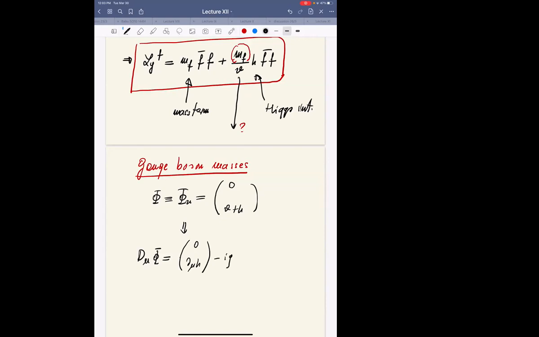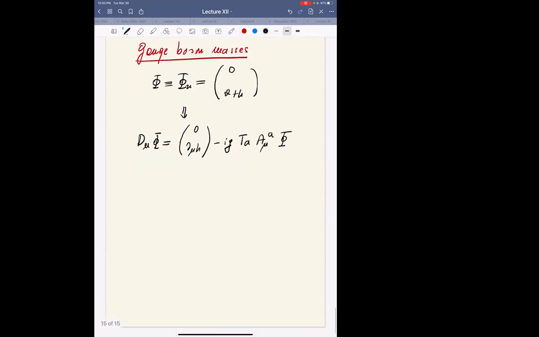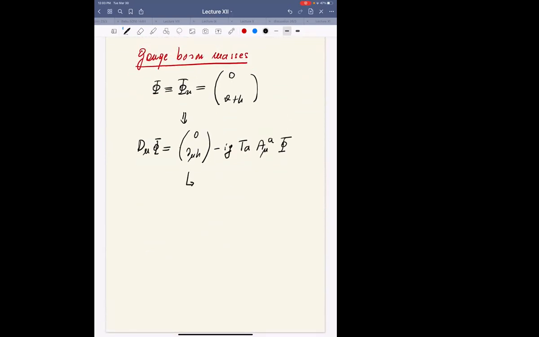But I'm really not interested. I'm interested in this. So let me just write, it will start like this. Phi. This will give me the kinetic energy for H. So I'm going to drop it.